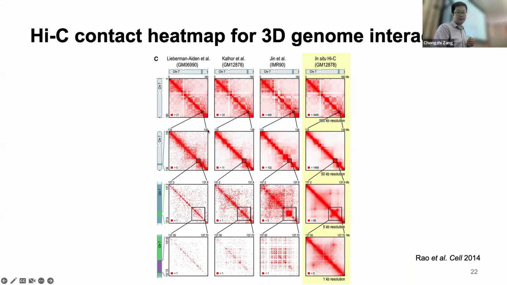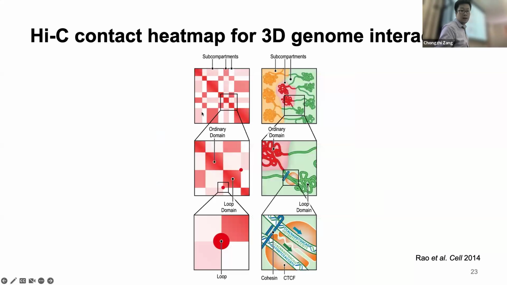Hi-C can generate 3-dimensional interactions on very different length scales. If you zoom in on one part, we can see a more detailed pattern of genomic information.